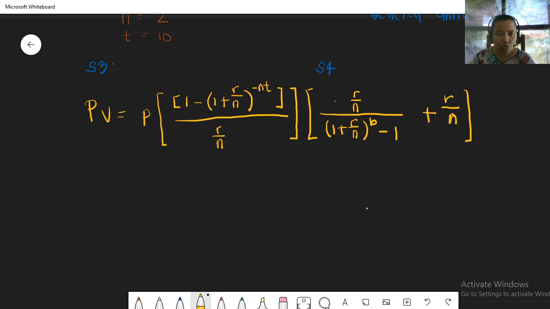Let us substitute the given values to our formula.